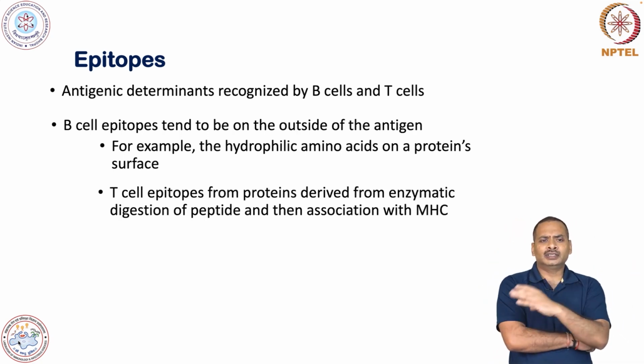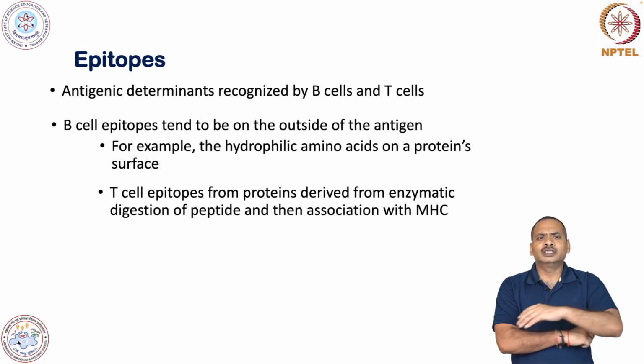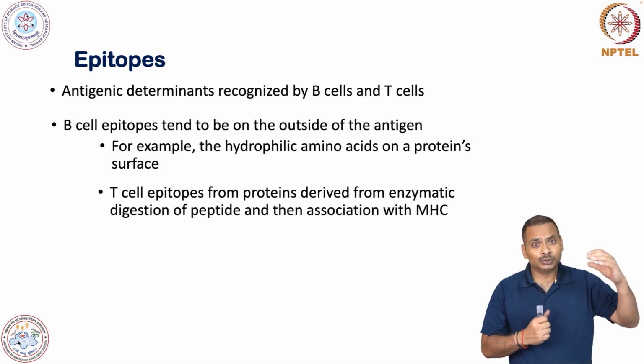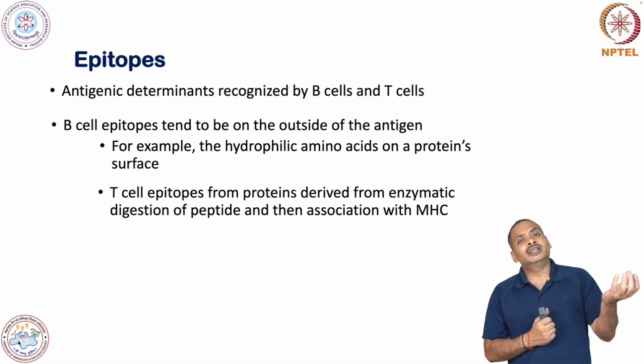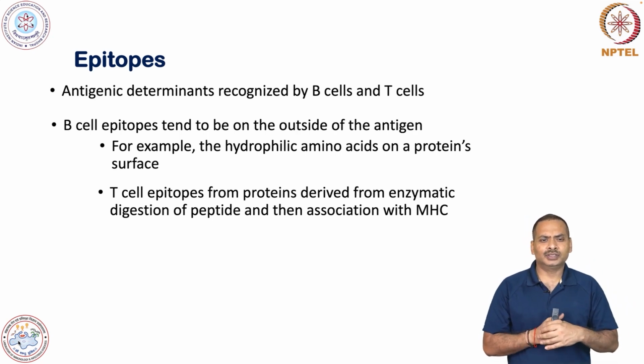So, the T cell epitope from protein is basically derived from enzymatic digestion. You remember that the antigen is taken up by the macrophages or dendritic cells, and then there will be action of enzyme in the phagolysosome.